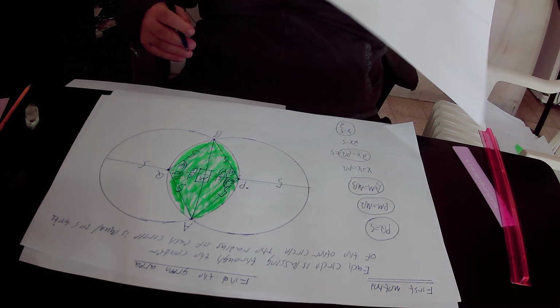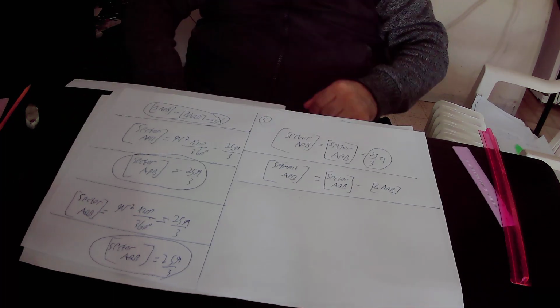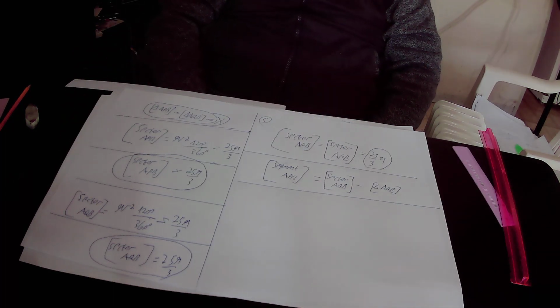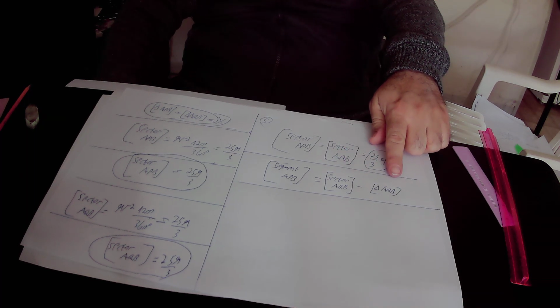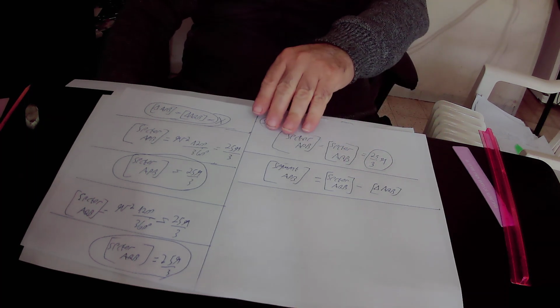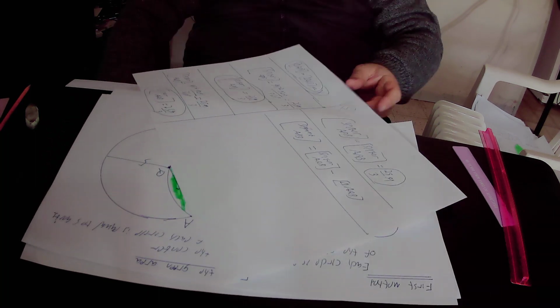I'll repeat again. The area of segment APB will be equal to the area of sector AQB minus the area of triangle AQB.